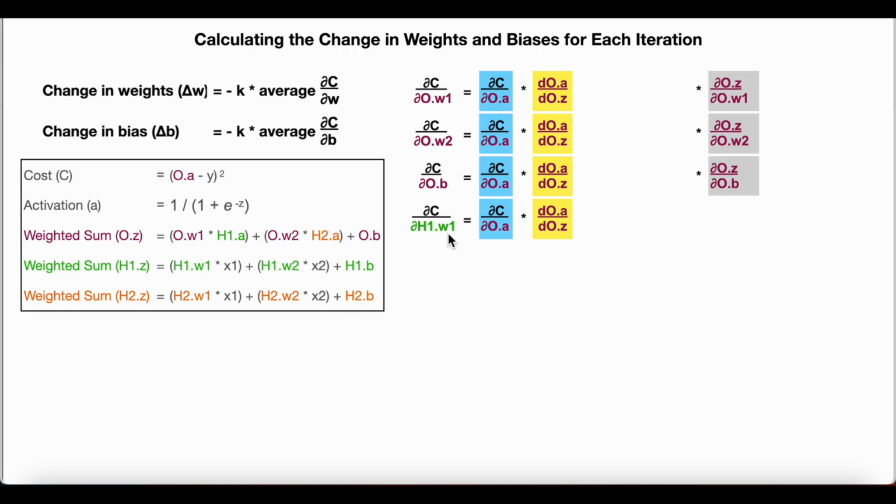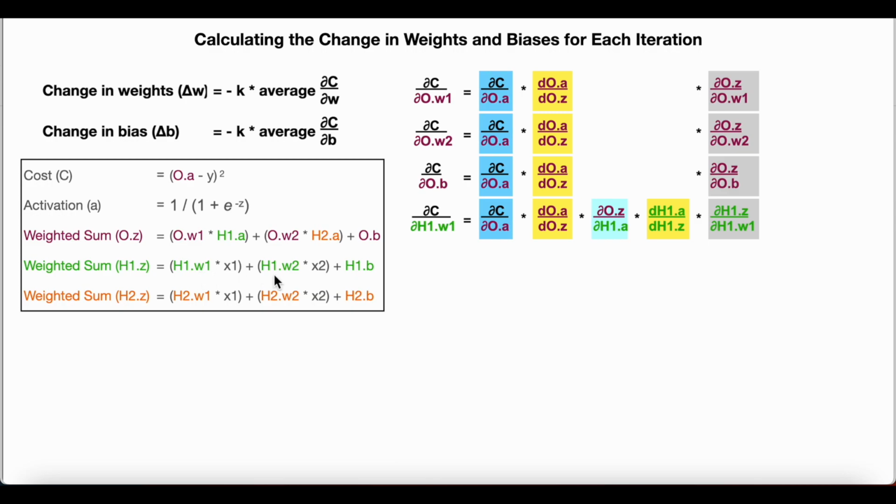So we're going to have to do a few more calculations. Using the derivative chain rule again, we can take the partial derivative of O.z with respect to H1a. We can then take the derivative of H1a with respect to H1z. That brings us to H1z, where we can take its derivative with respect to H1 weight 1, and that gives us what we're looking for.